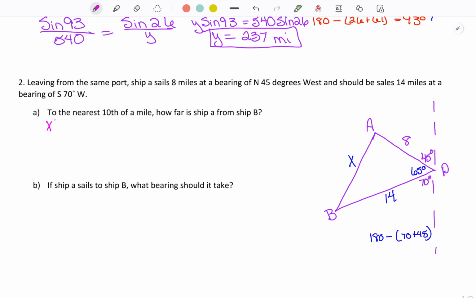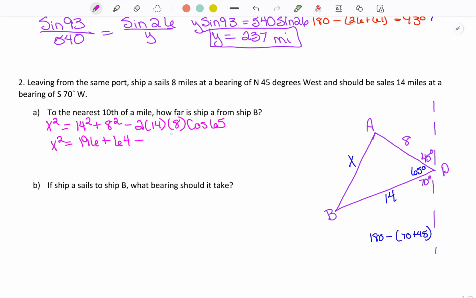So we have x squared equals 14 squared plus 8 squared minus 2 times 14 times 8 times the cosine of 65. So we have 14 squared, which is 196, plus 8 squared, which is 64.